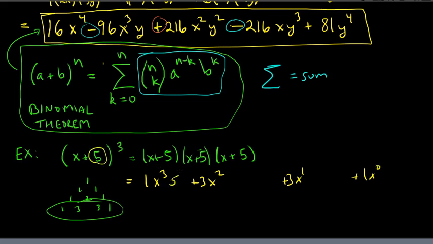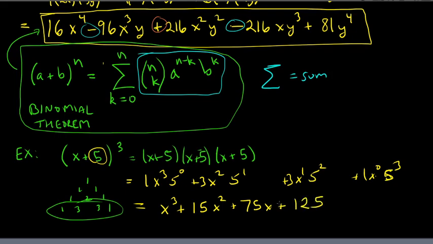So you're going to get 5 to the 0, 5 to the 1, 5 to the 2, and 5 to the 3. So you just get x cubed plus 5 times 3 is 15x squared, plus 25 times 3 is 75 times x. And then 5 to the, that's a 5, sorry, not a 3. 5 to the 3 is 125.